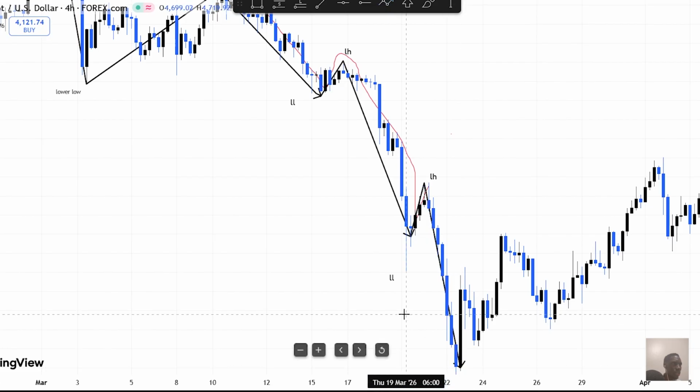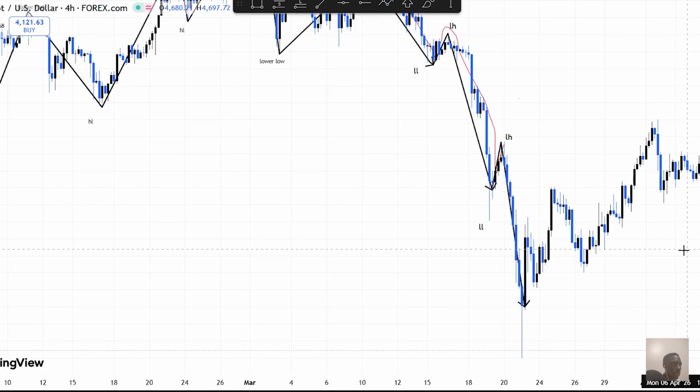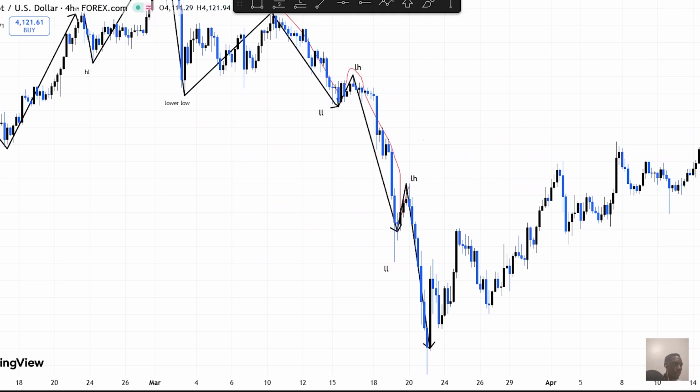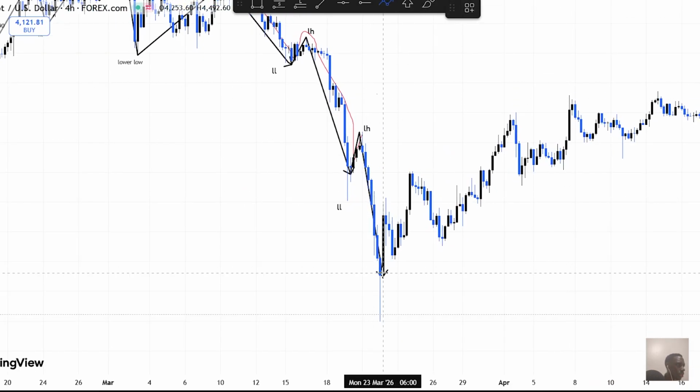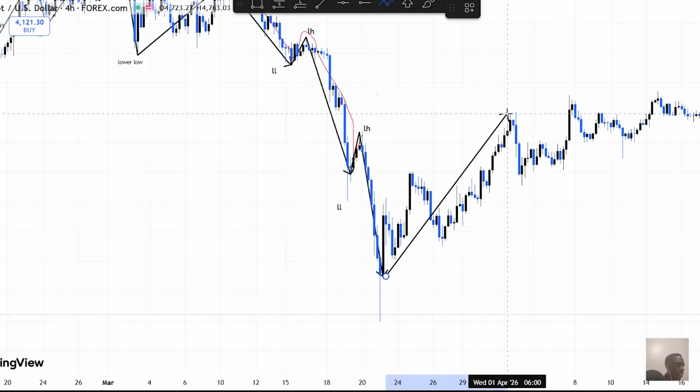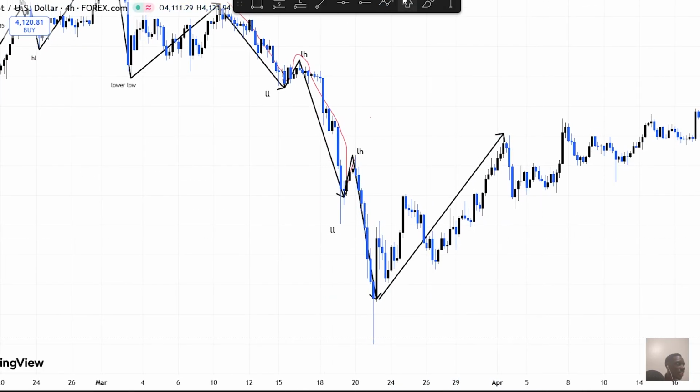So as you can also see, it turns again, and what does it do? It gives us a higher high.